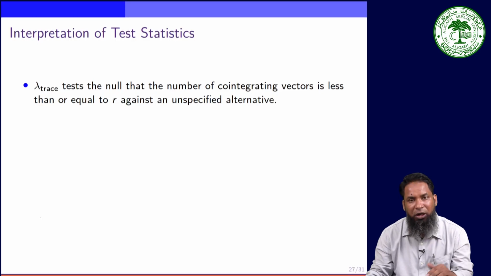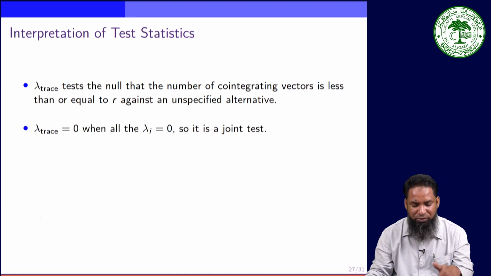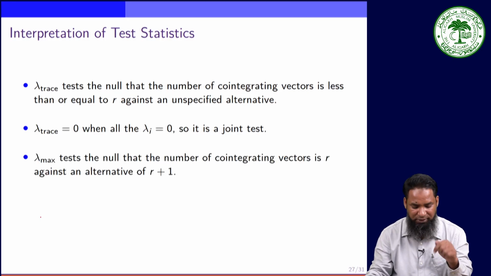This is how we interpret the result. The lambda trace statistic tests the null hypothesis that the number of cointegrating vectors is less than or equal to r against an unspecified alternative. So lambda trace is equal to 0 when all the eigenvalues are equal to 0. So it is basically a joint hypothesis test.